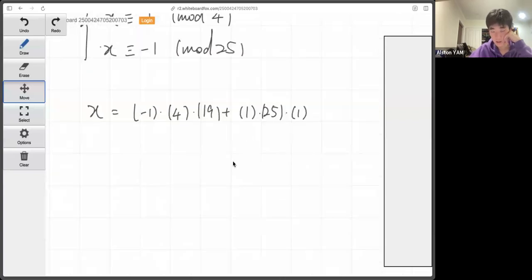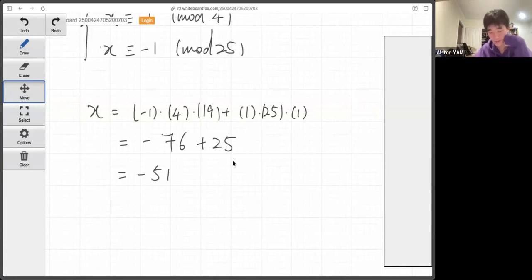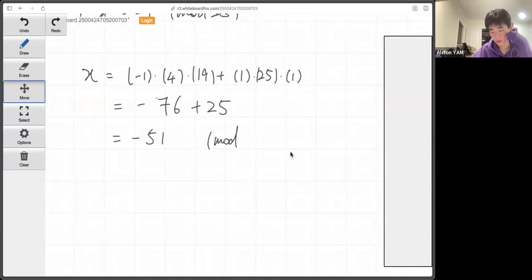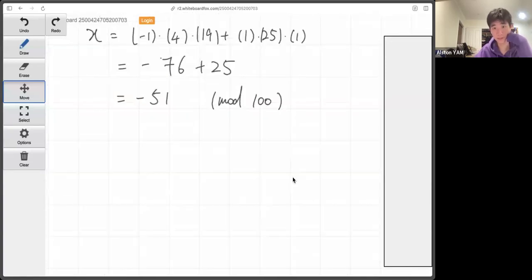So if we take x equal to this value, then we just have minus 76 plus 25, and that will be equal to minus 51 under mod 100. Minus 51 under mod 100 is our unique solution.